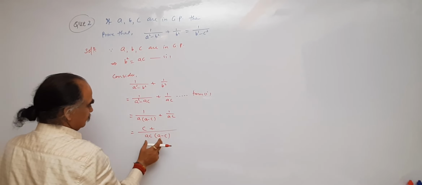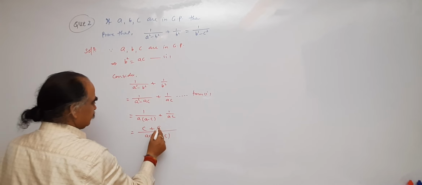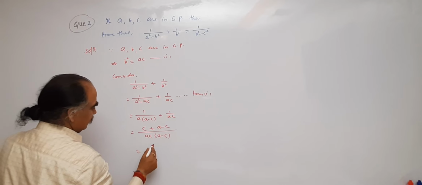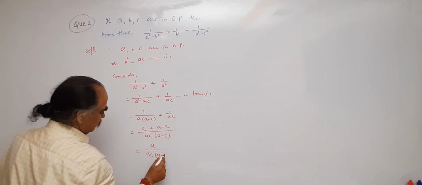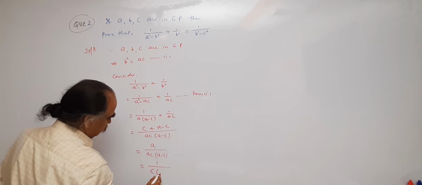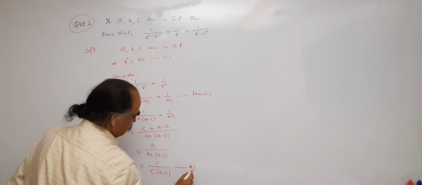Divide: a into a minus c gives c, ac divided gives a minus c. So c will get cancelled, and we get a upon ac into a minus c, which is 1 upon c into a minus c. Write this as equation number star.